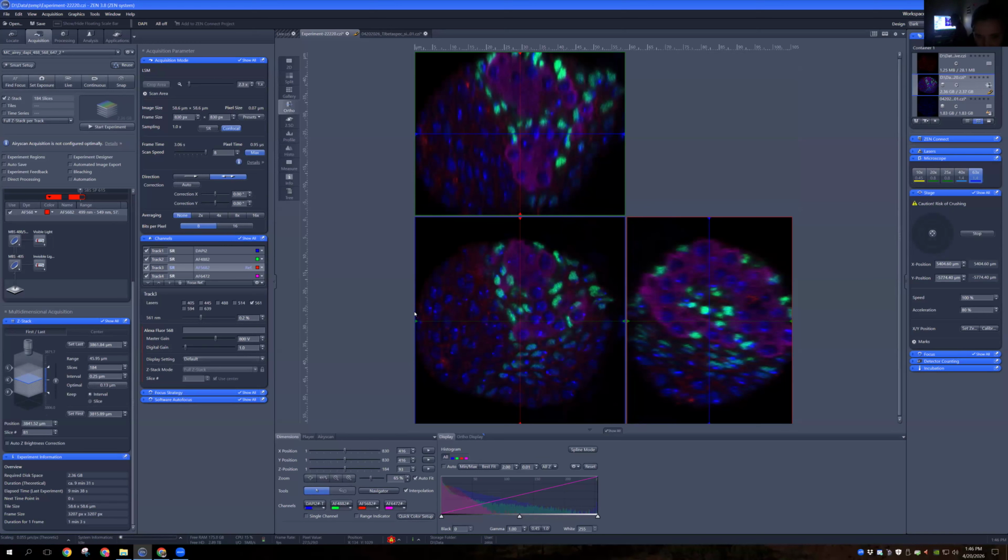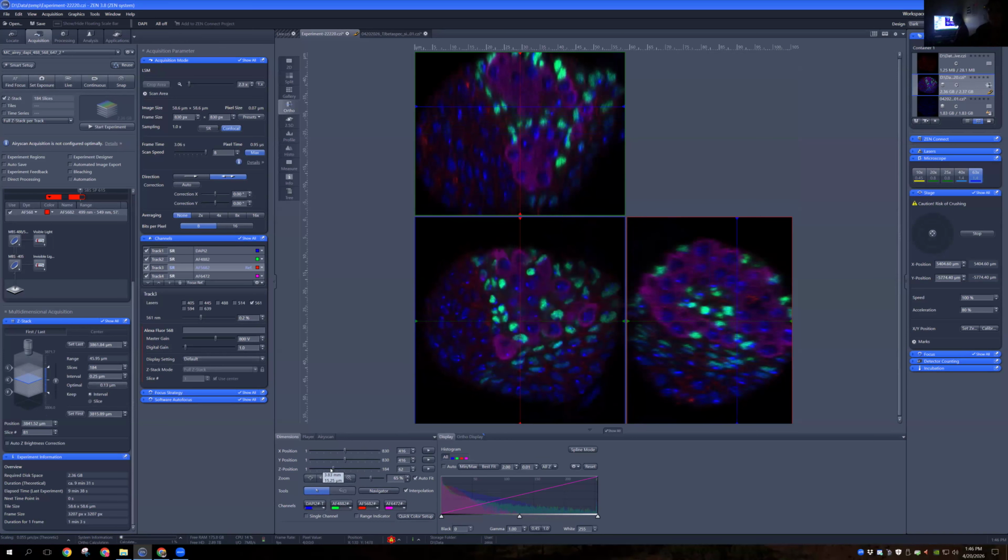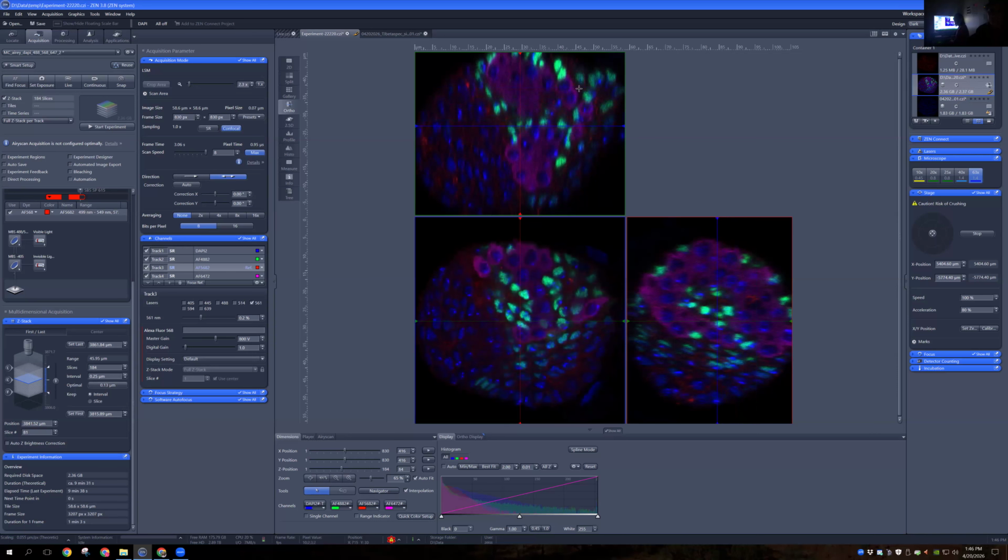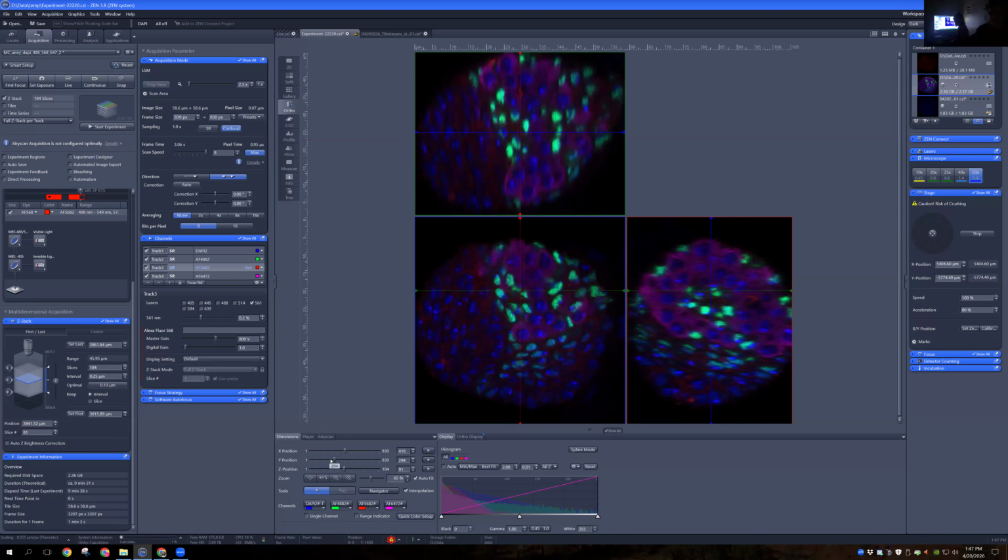So this is pushing through Z, and this is like ZY, and this is ZX. I can change the Z position here, and you might be able to see this blue line running across the image. But if I instead change the Y position, we're now running through the ovary on a different axis. I think you can see this box here in the center is the cleanest, but you still can see what's going on in the other two boxes.